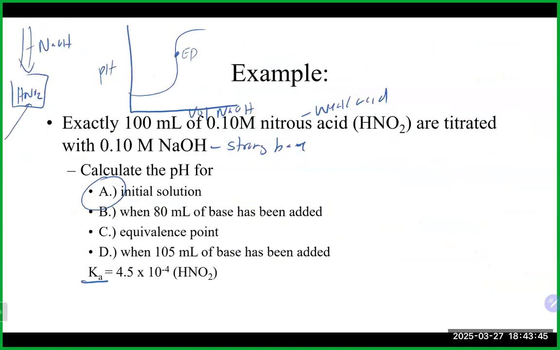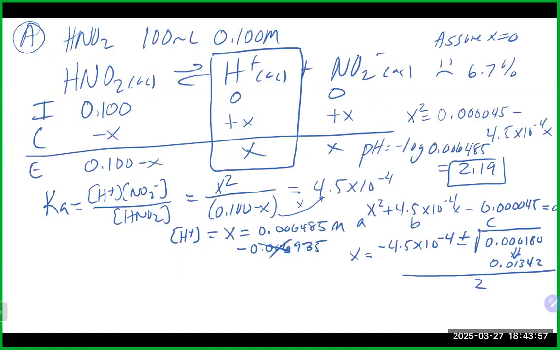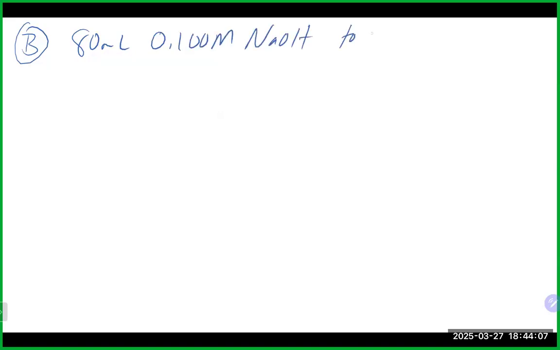All right, so in part B, we're obviously starting our titration. So we want to know what is the pH after we add 80 milliliters of our sodium hydroxide. So let's take a look at that. So B, 80 milliliters of our 0.1 molar sodium hydroxide to our 100 milliliters of our 0.1 molar nitrous acid here.